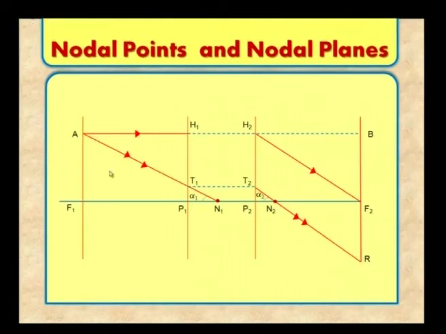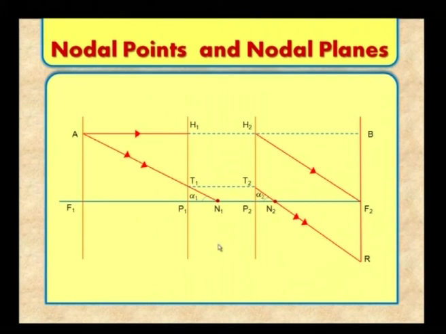Otherwise, you have to do the cumbersome process, namely looking at the refraction at the four surfaces corresponding to the two lenses. That is done away with by the planes that were introduced by Gauss, namely principal planes and the nodal planes.